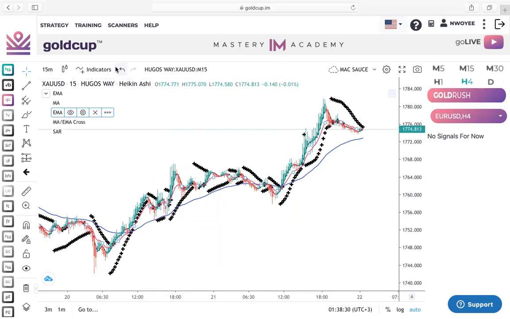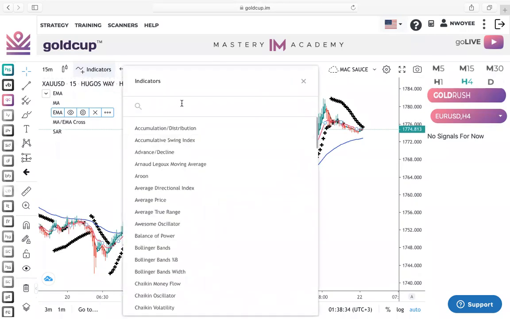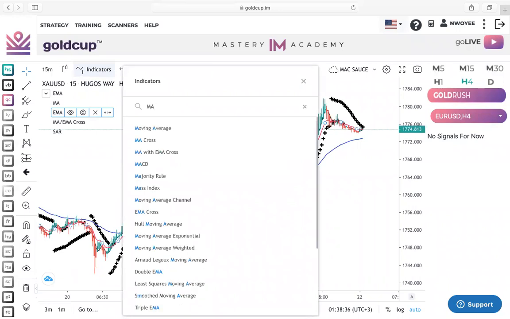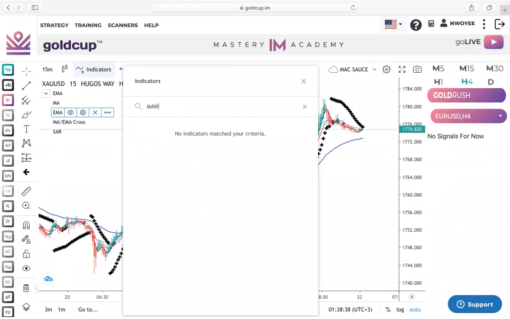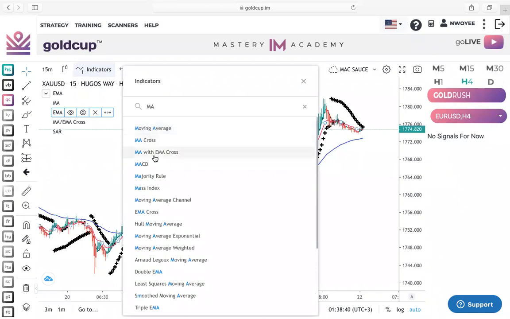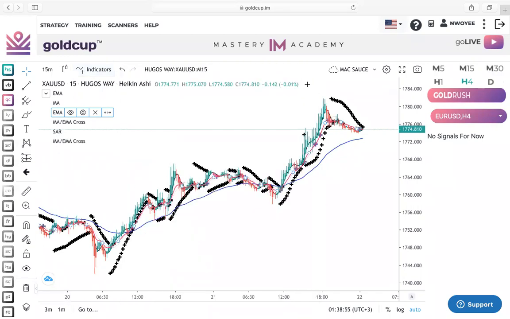So now, the next indicator we're gonna add is something called a MA with EMA cross. That's what we're adding. So MA with EMA cross, I click on it, it shows up.